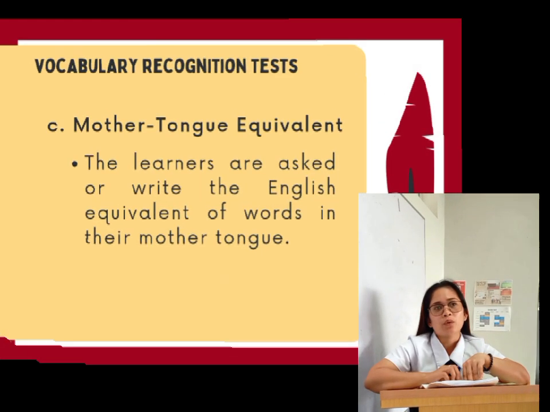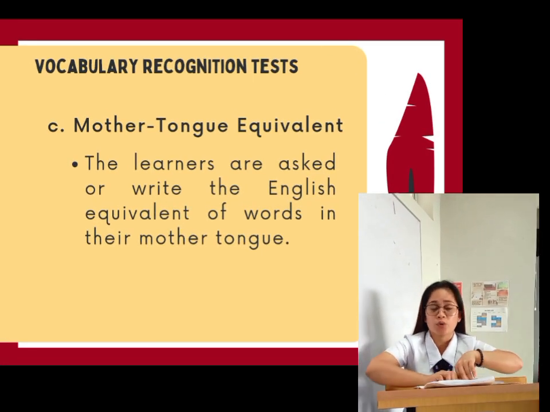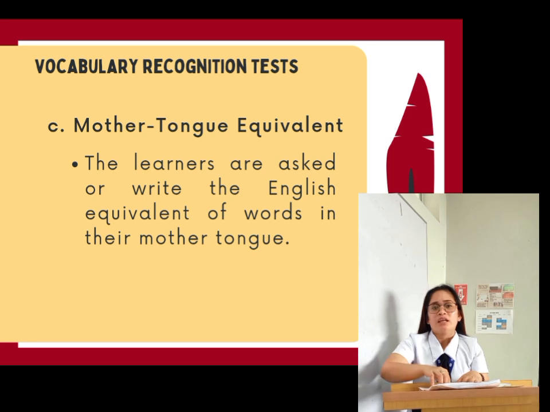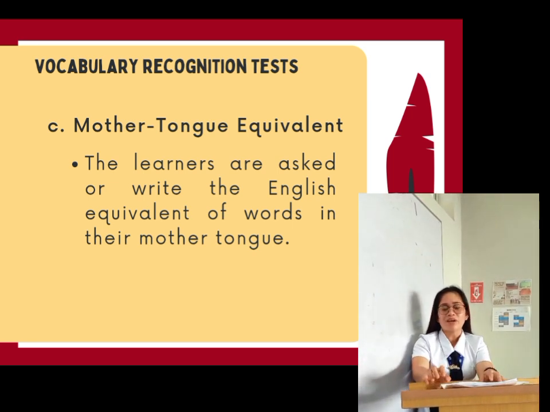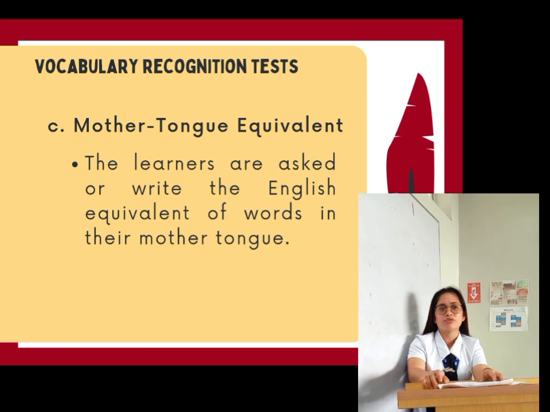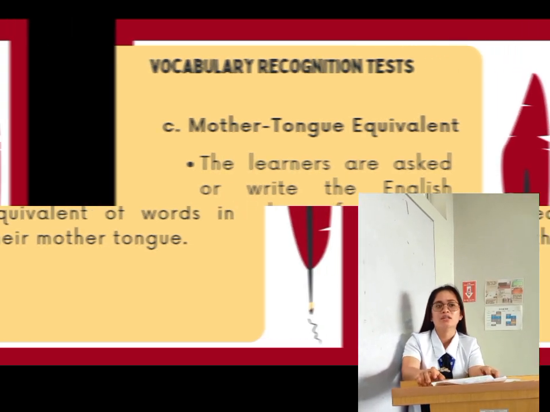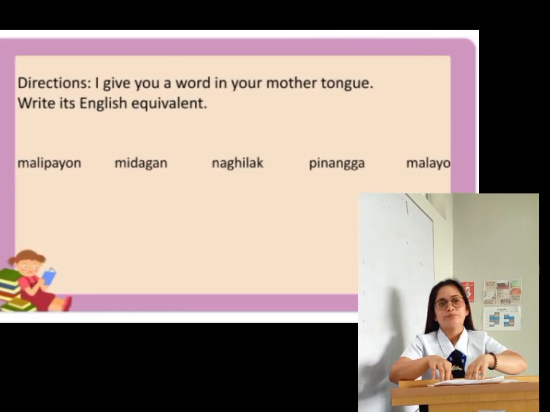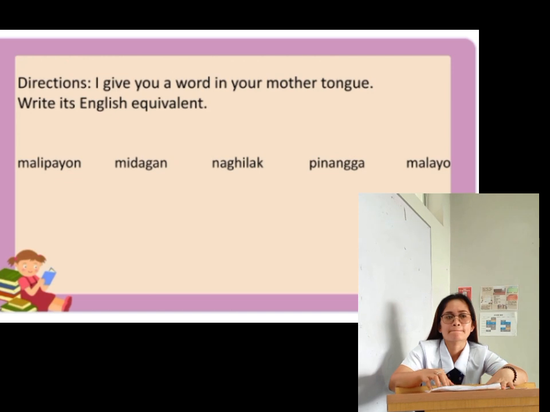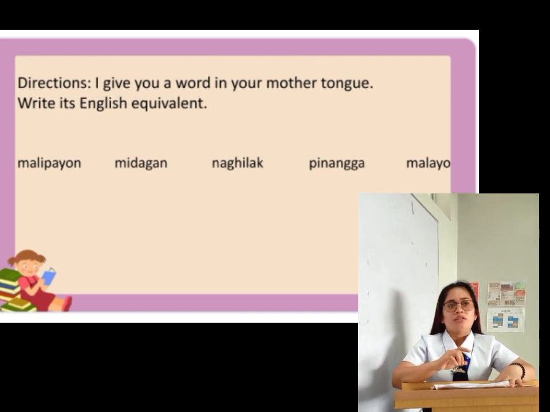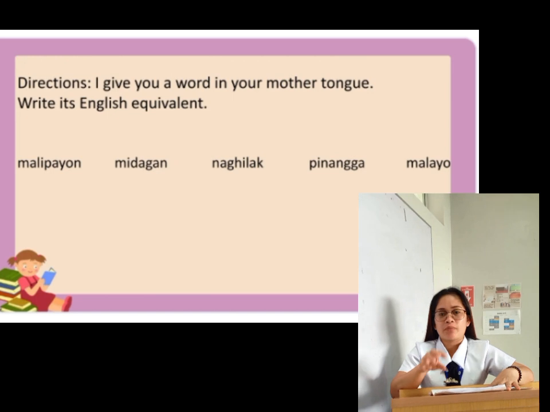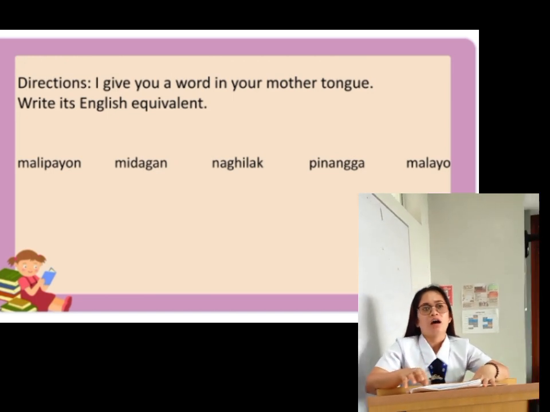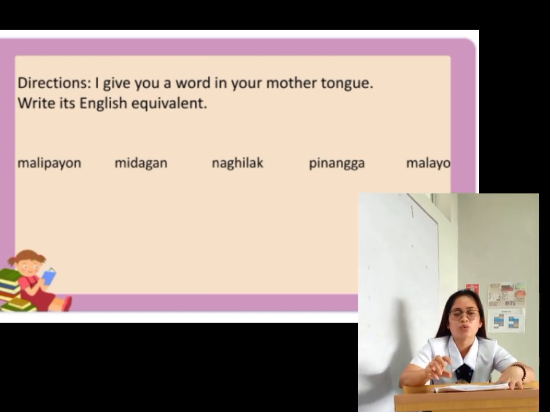The third one is mother tongue equivalence. In this part, the learners are asked to give or write the English equivalent of words in their mother tongue. For example, the direction there is: I give you a word in your mother tongue, and write its English equivalent.